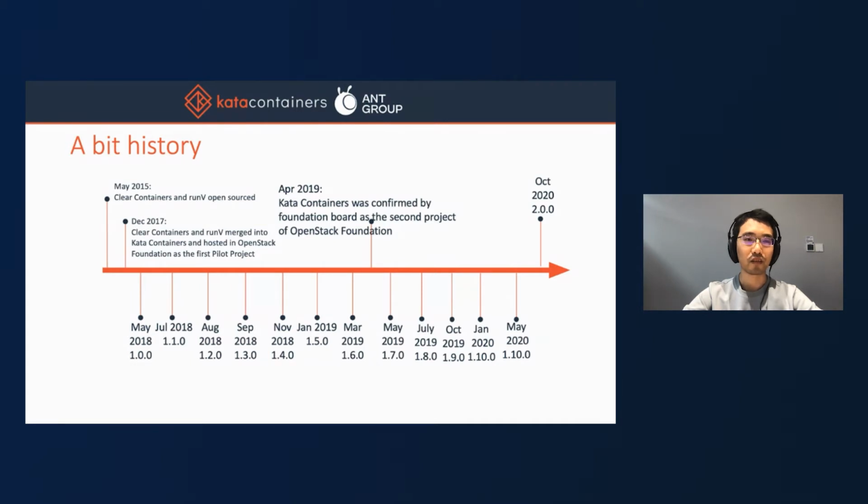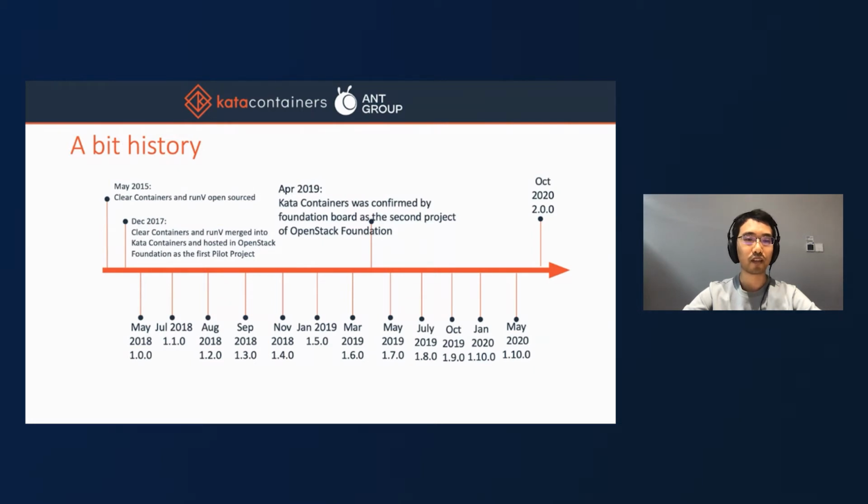Although Kata Containers is only a little more than 2 years old, we have been doing it for almost 5 years now, because as early as May 2015, a team at Intel announced the Clear Containers project, and a team named Hyper, that is us before we were acquired by Ant Group, announced the runV project.